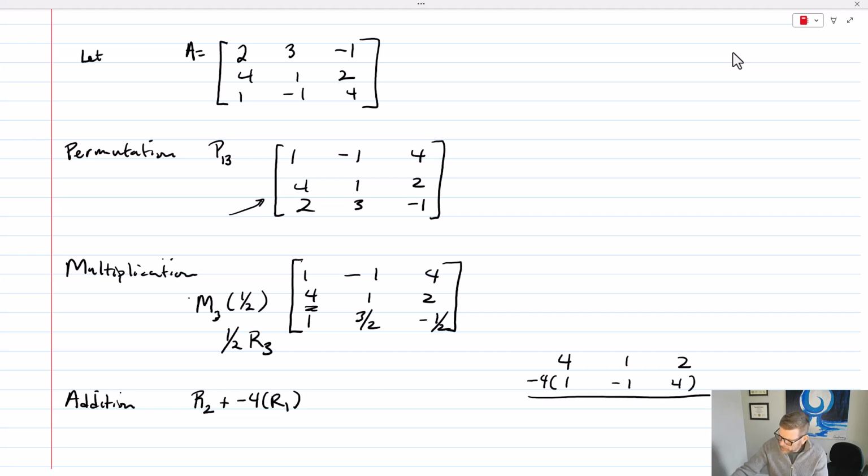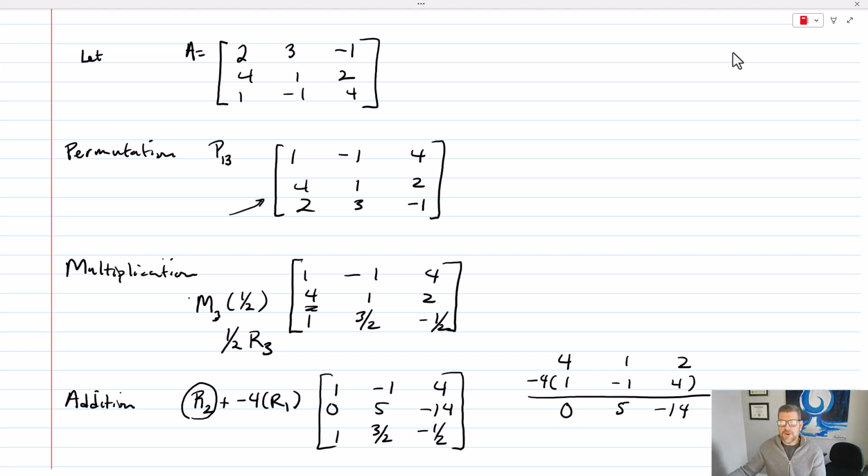What I get is 4 minus 4 times 1, that's 0. 1 minus 4 times a negative 1, that's 5. And 2 minus 4 times 4 ends up giving me negative 14. So my second row is now 0, 5, negative 14. Only the second row is changed in this case, and my other rows stay the same. And that's my third row operation.